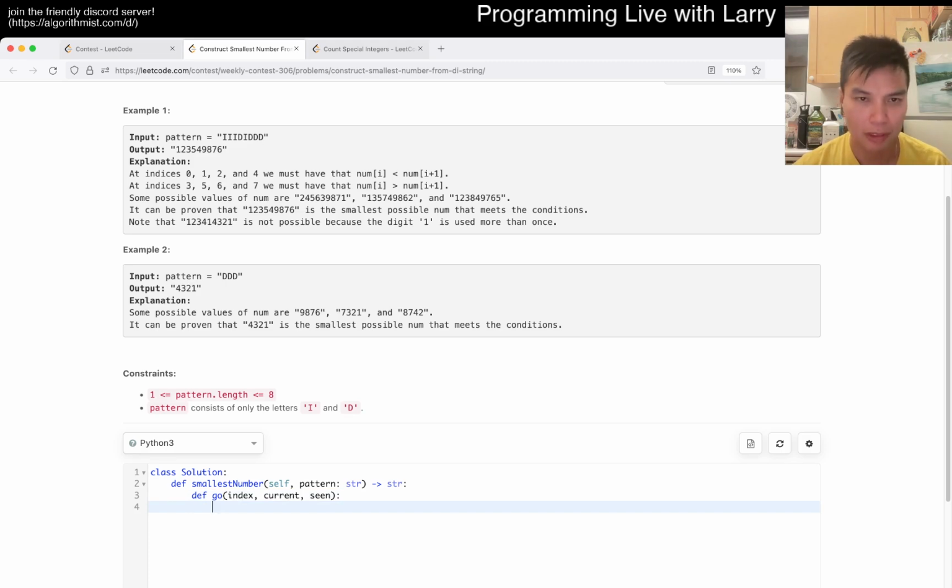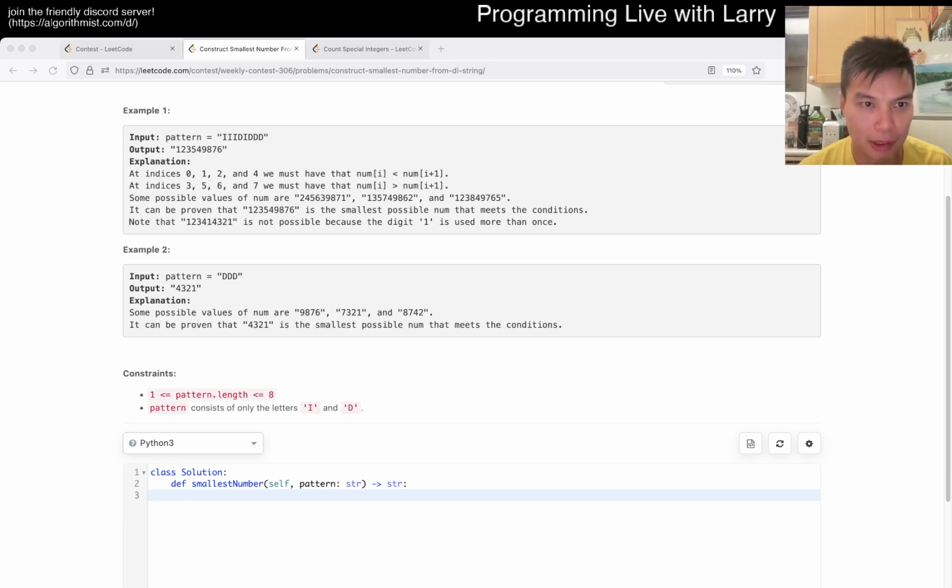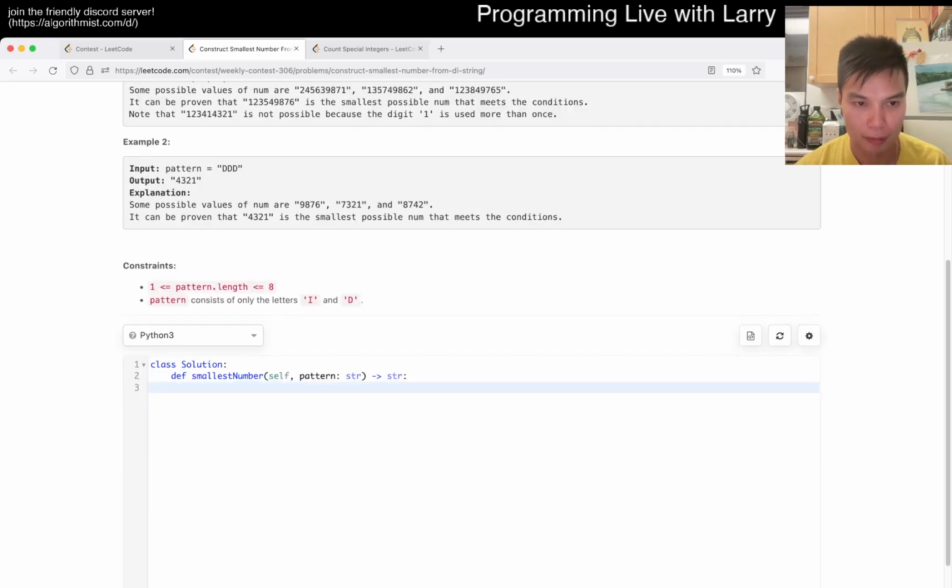No, because then now I'm doing a 9 to the 8, if I'm not careful. Let's see. How to do permutations in Python. Because in C++ I would just do permutation things, but nope.